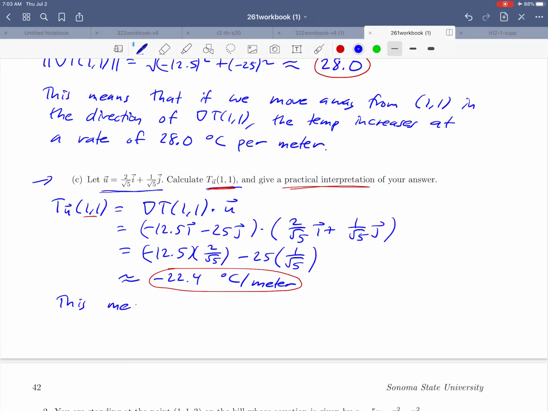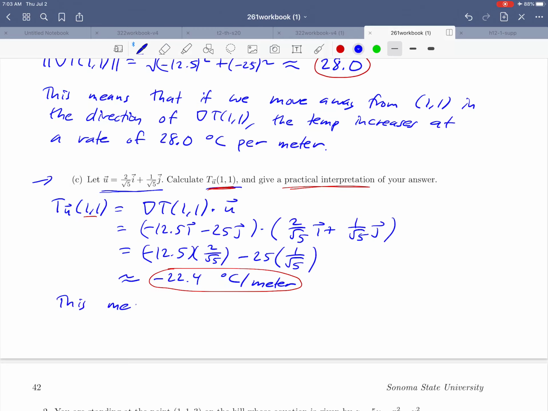The temperature decreases, because of that negative sign, at a rate of 22.4 degrees Celsius per meter as we move away from the point (1, 1) in the direction of u.